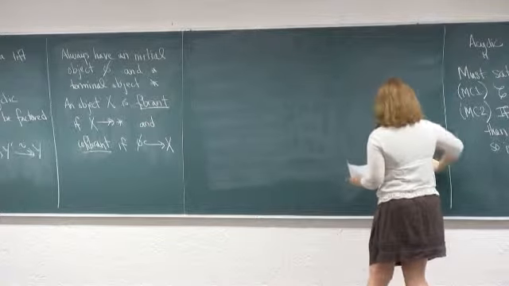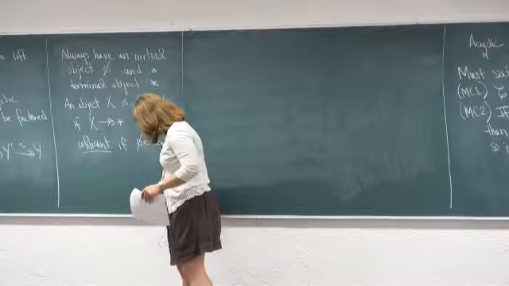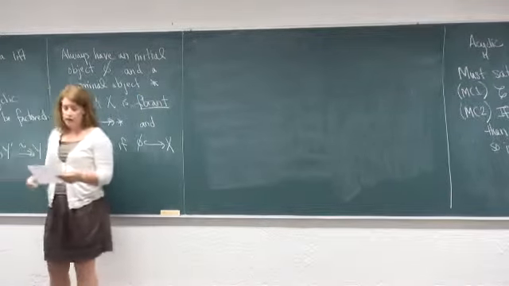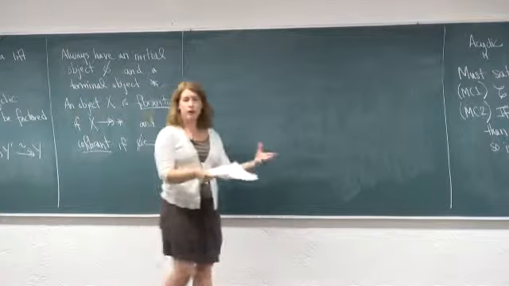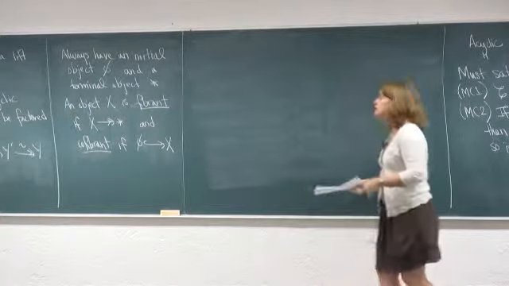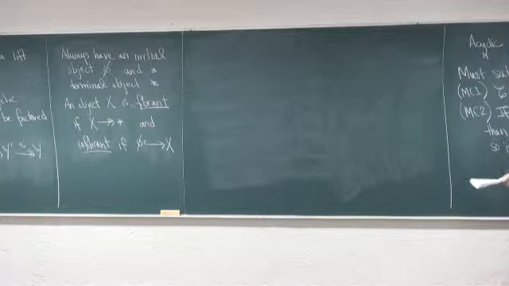One thing to notice, essentially using this axiom, is that if you have a category and you want to put a model structure on it, in some sense you only get to choose two of the classes of morphisms, because the third one is going to be determined.